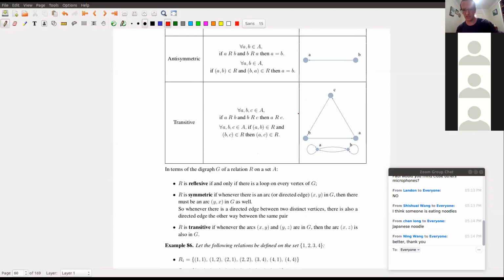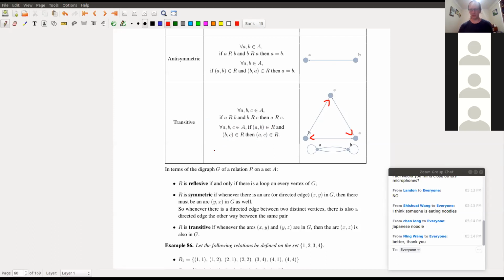I think the arrow should go this way, with the way they're talking about it. So A is related to B, B is related to C, and then C is related to A. Maybe the way they've written it is different. No, I think the arrows are just flipped. So if A is related to B, (a, b) is an element of the relation, and then (b, c), then also (a, c) is an element of the relation.